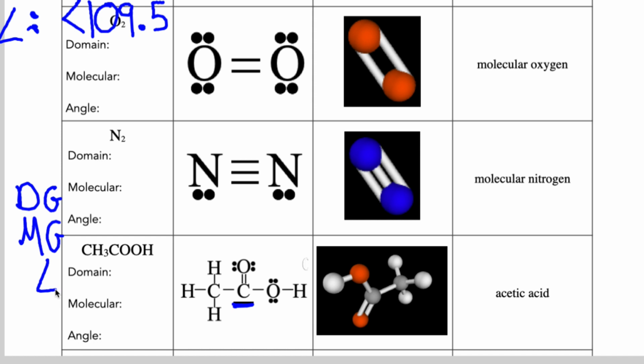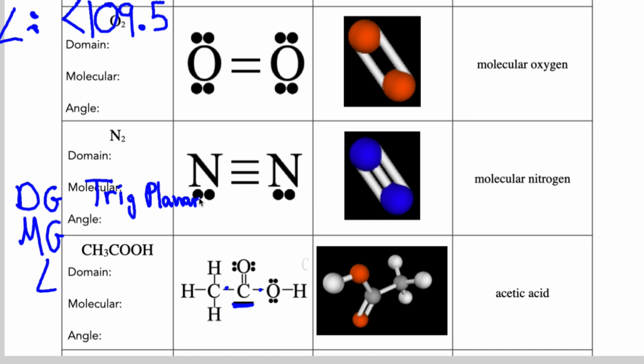We've got a single bond and a double bond. That's 3 domains. So the domain geometry is trigonal planar. You're welcome to abbreviate, but don't put TP because that could also be trigonal pyramid. You need enough that you can tell the difference. So that is trigonal planar.